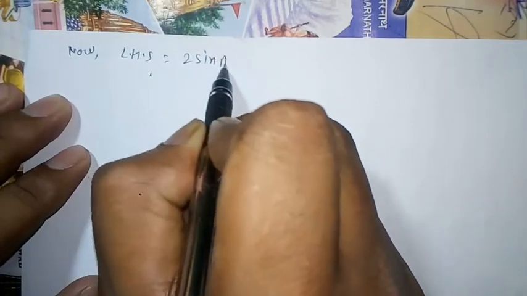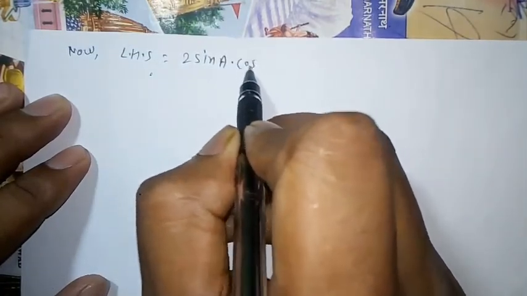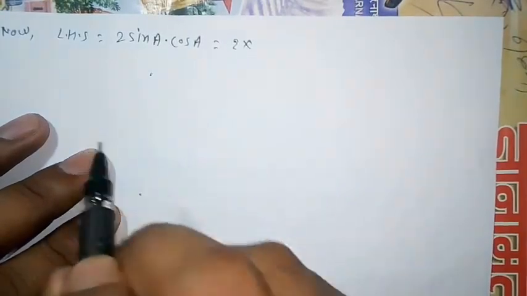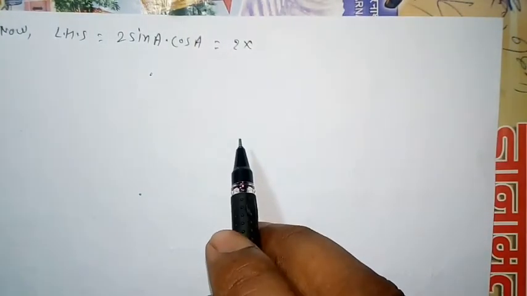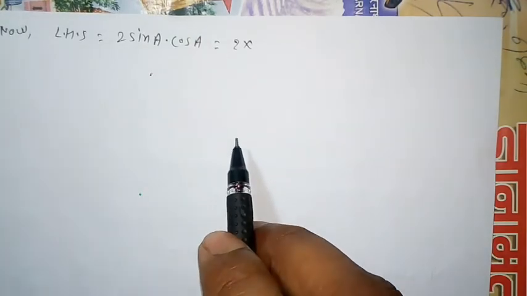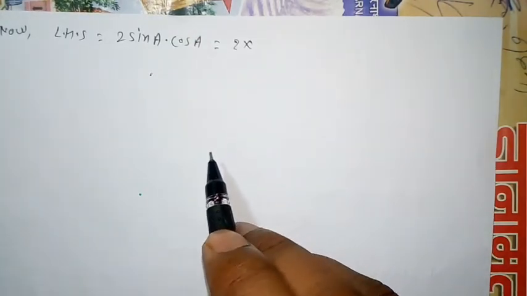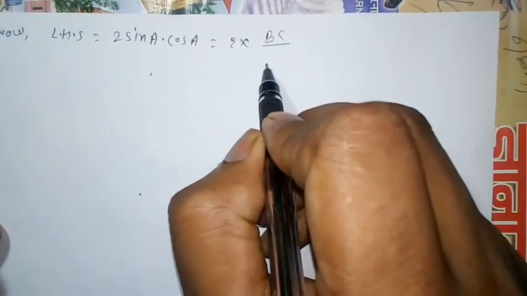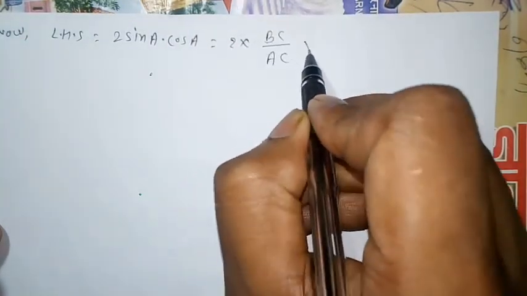Now LHS is equal to 2 sin A into cos A. Sin theta is equal to perpendicular by hypotenuse. According to the picture, for angle A, perpendicular is equal to BC and hypotenuse is equal to AC.